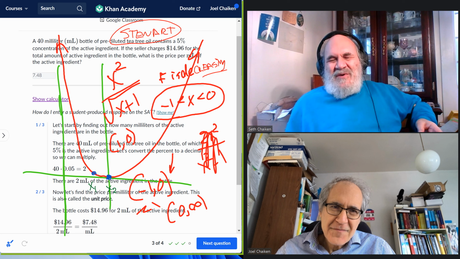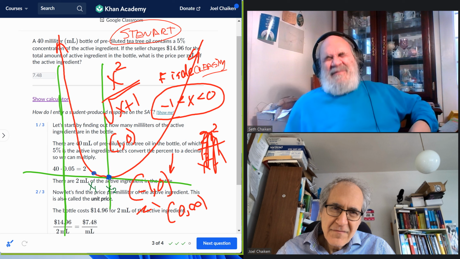The open interval consists of all the x values that are greater than -1 and are negative. So the open interval does not include x equals 0.